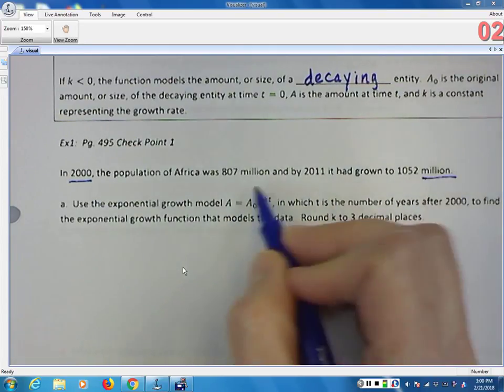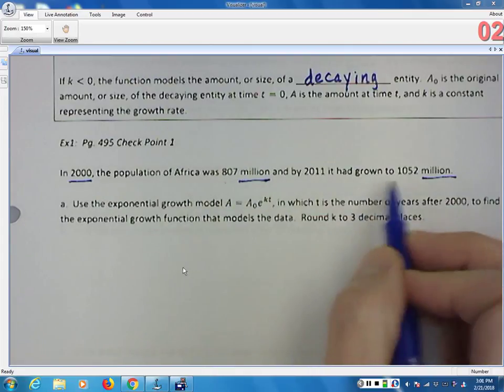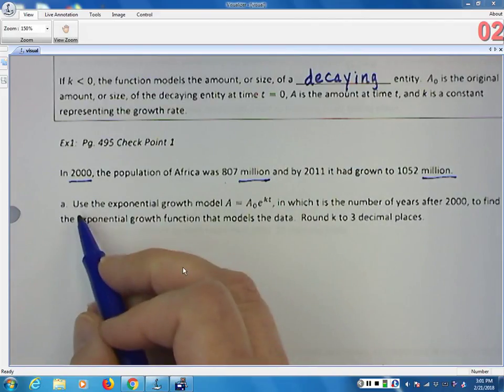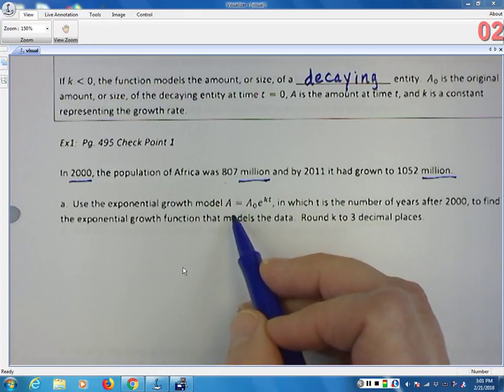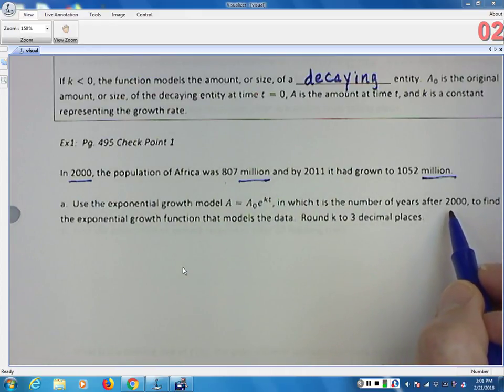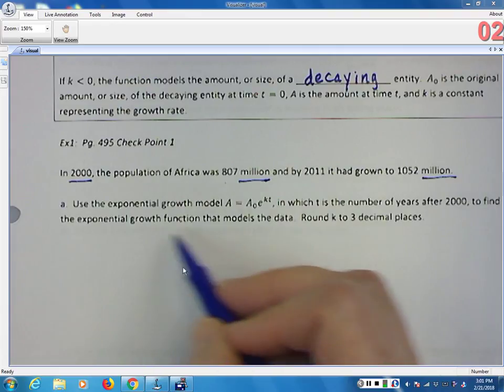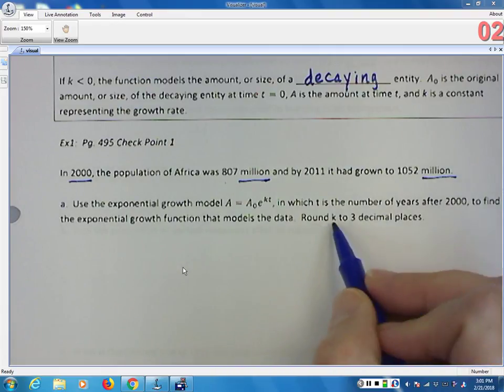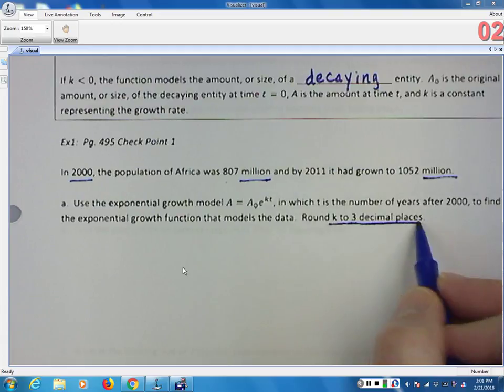We wanted to keep this in the same units, because that's why we didn't say 1.052 billion, or write it in billions or something. We're going to use the exponential growth model, in which t is the number of years after 2000, to find the exponential growth function that models the data. We're going to round k to 3 decimal places.